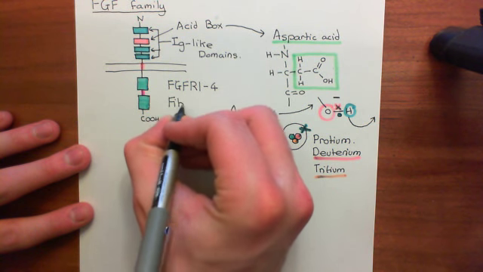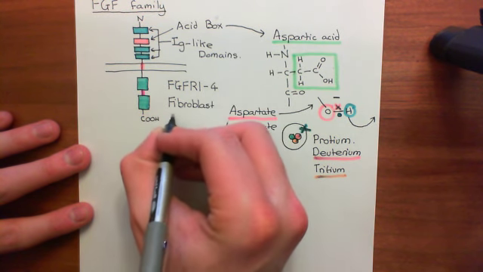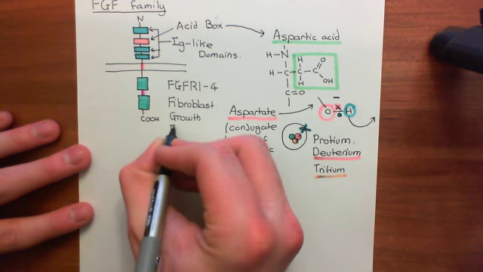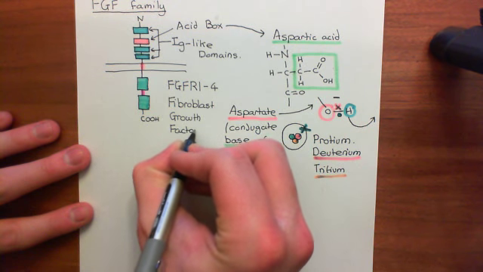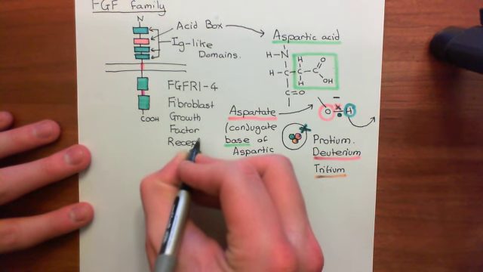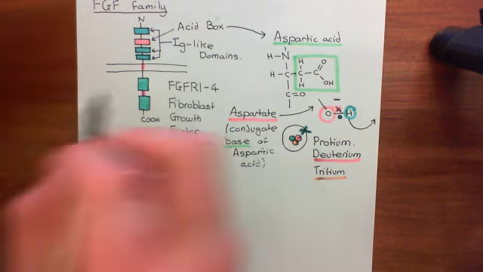And once again, I feel as though I should at least once write out fibroblast growth factor in full. FGF stands for fibroblast growth factor, which is the ligand, and the receptor for it is the fibroblast growth factor receptor, or the FGFR.